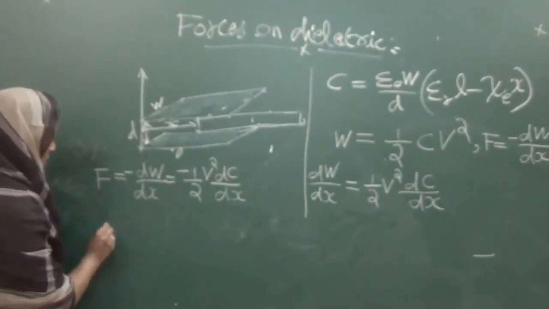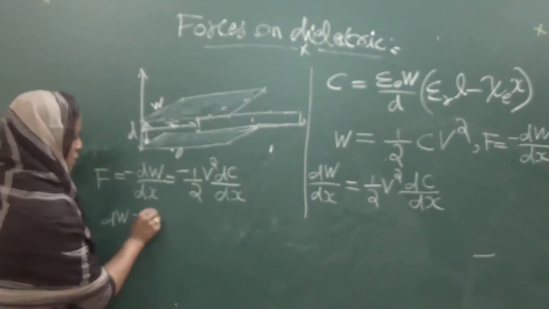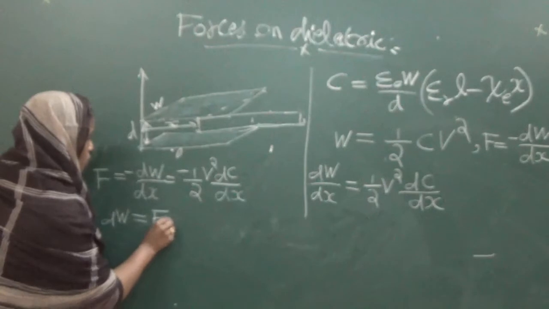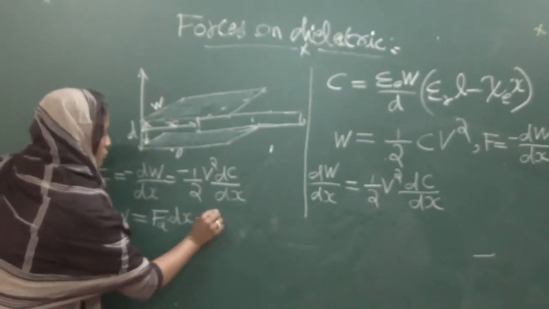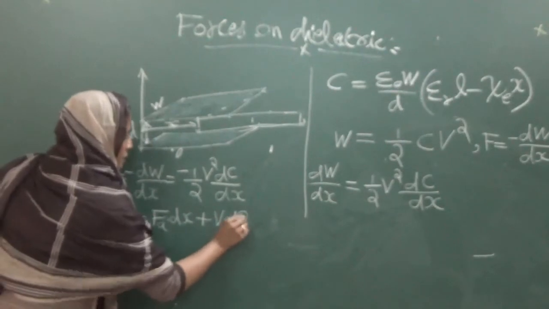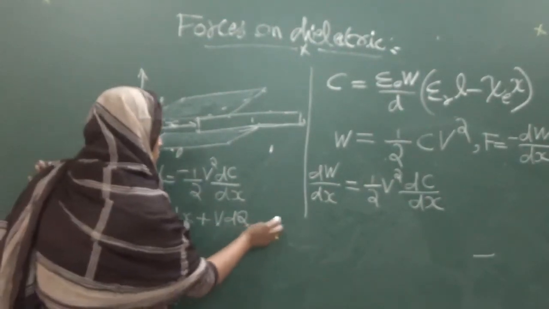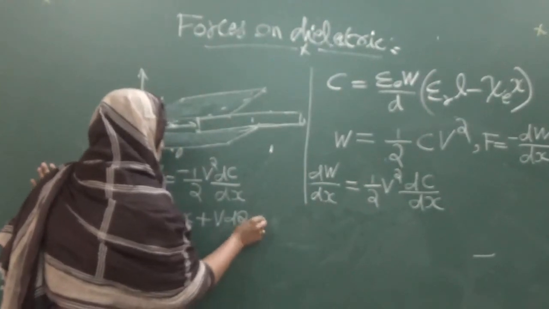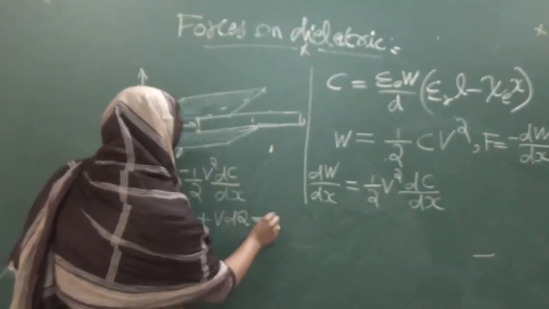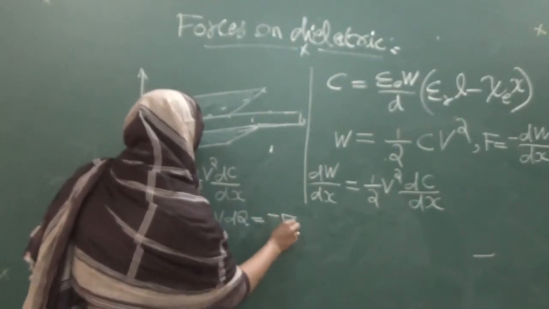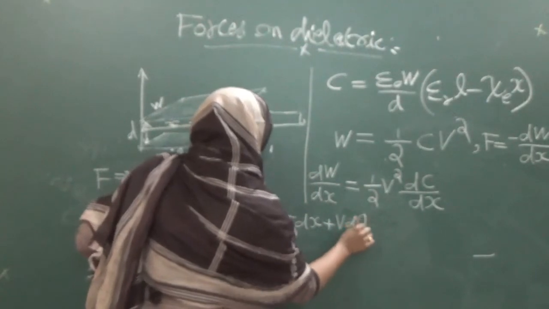So the work done is given by applied force into dx plus the work done by the battery. This applied force is always equal and opposite to the electric force. So minus F dx plus V dq.